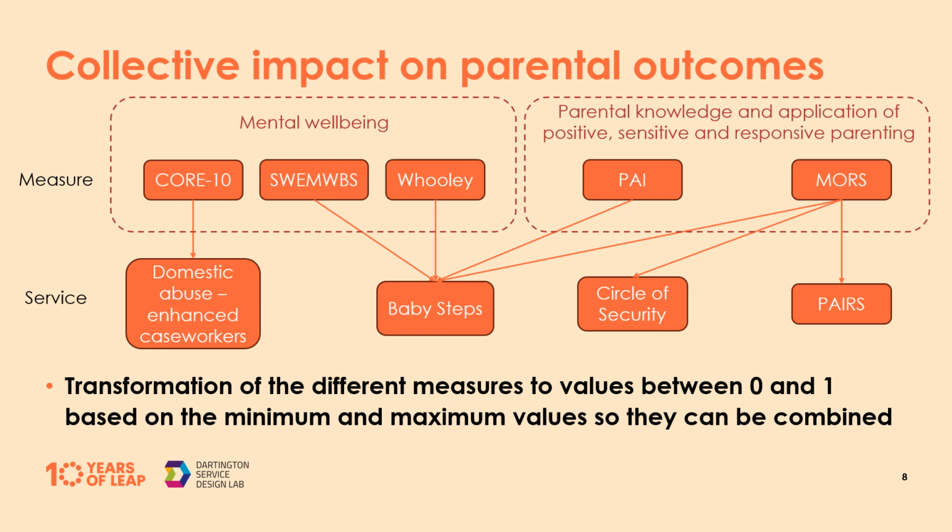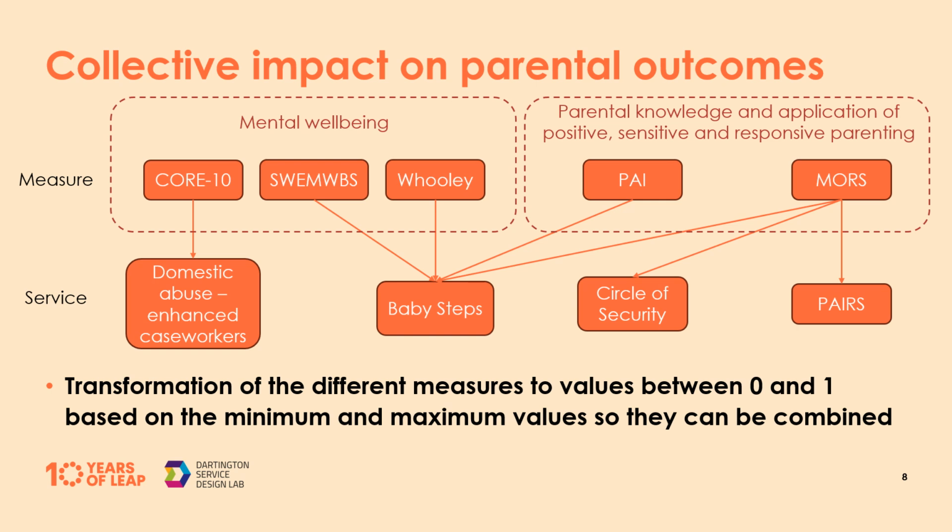Now, this is a challenge because we've got to combine different outcome measures, and we were looking at these under two different areas. The first of these was mental well-being, and the second was parental knowledge and application of positive, sensitive and responsive parenting.